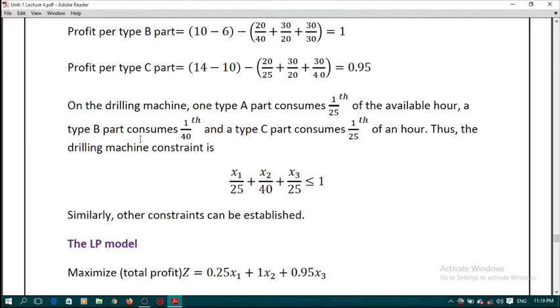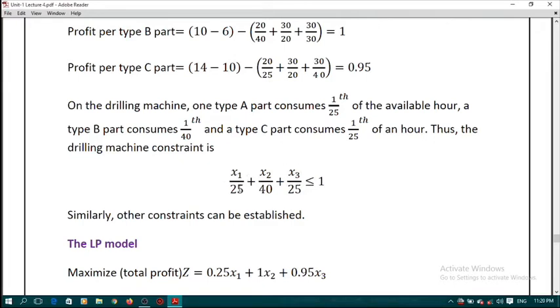Thus, the drilling machine constraint is: this is the time for producing x1 units of part A, this is the time for x2 units of part B, and this is the time to produce x3 units of part C.